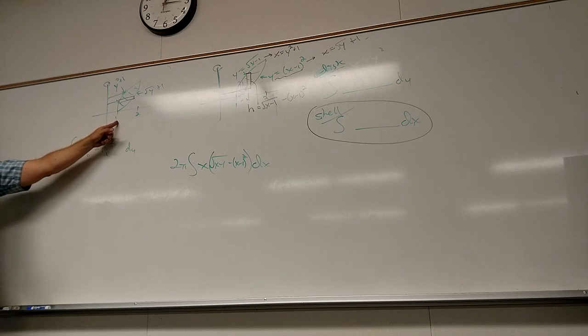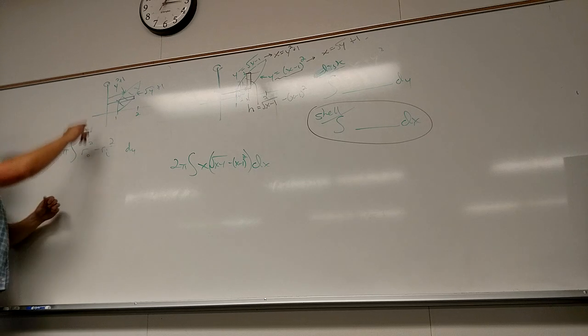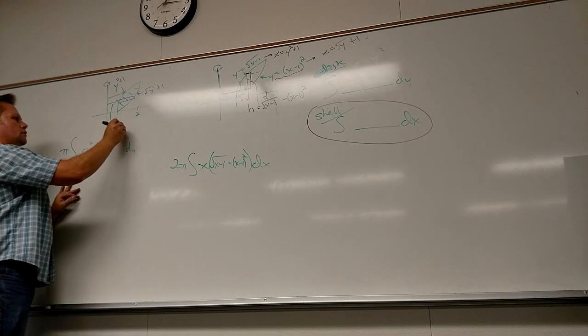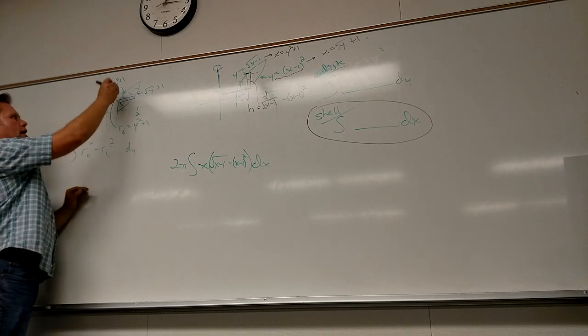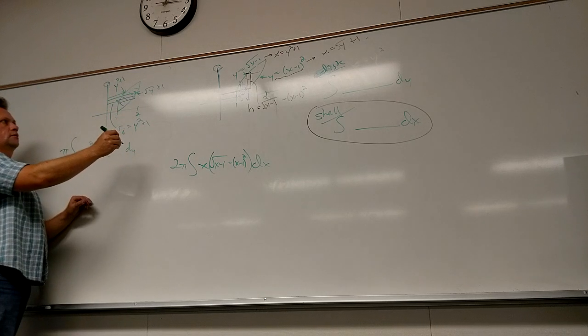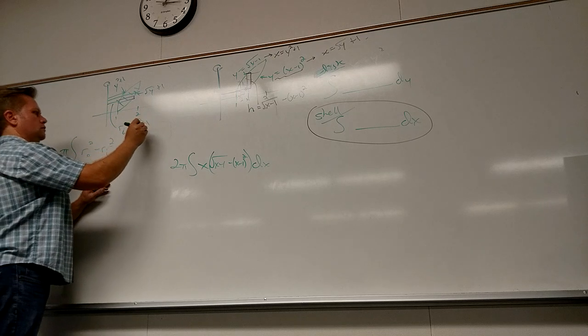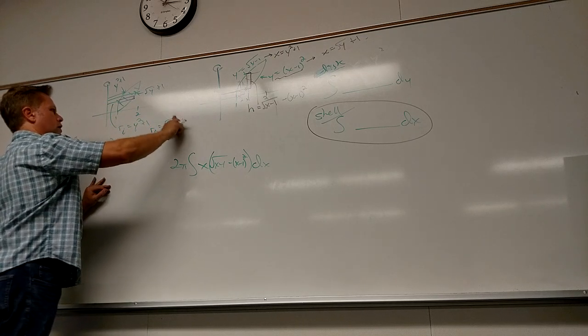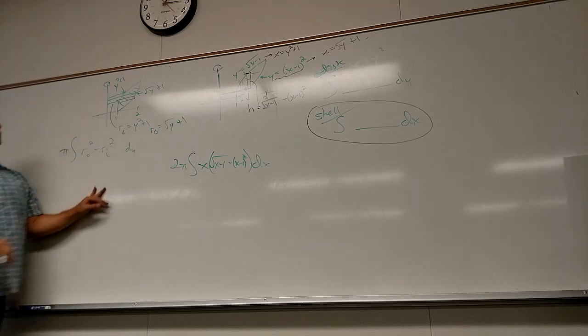It is. Okay, so the inner radius is y squared plus 1. So the outer radius is going to be square root of y plus 1. There you go, buddy.